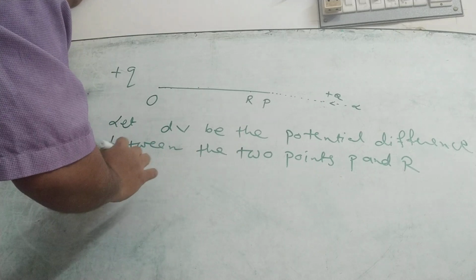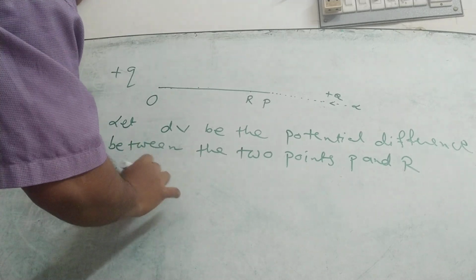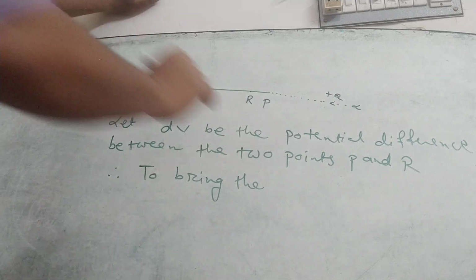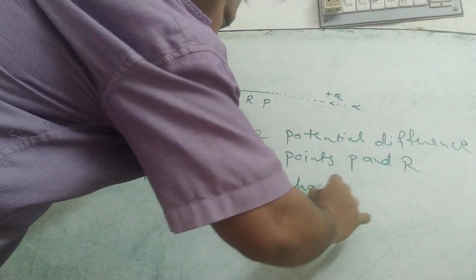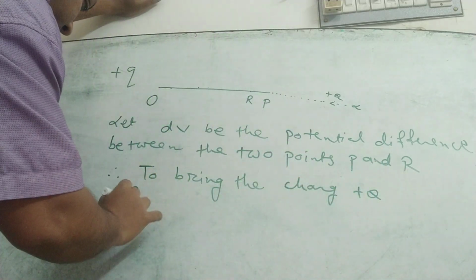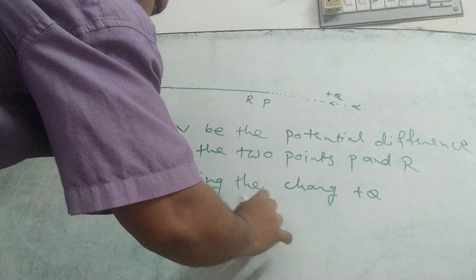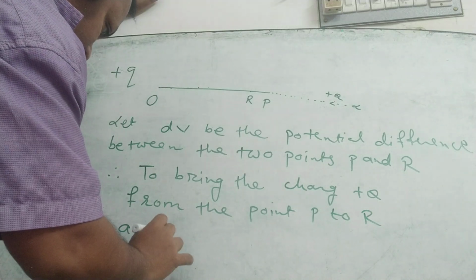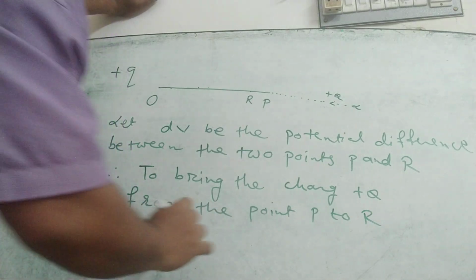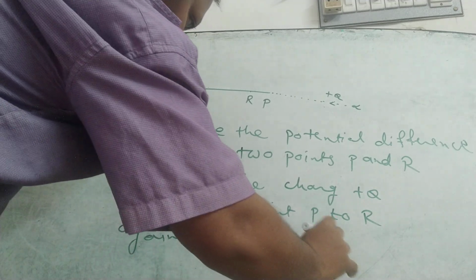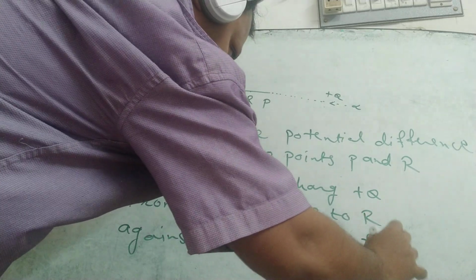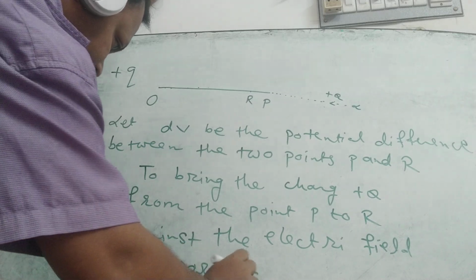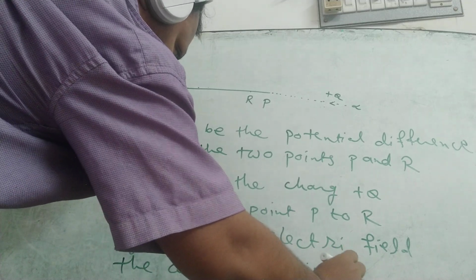Therefore, to bring the charge plus Q from the point P to R against the electric field, the work done is dW.